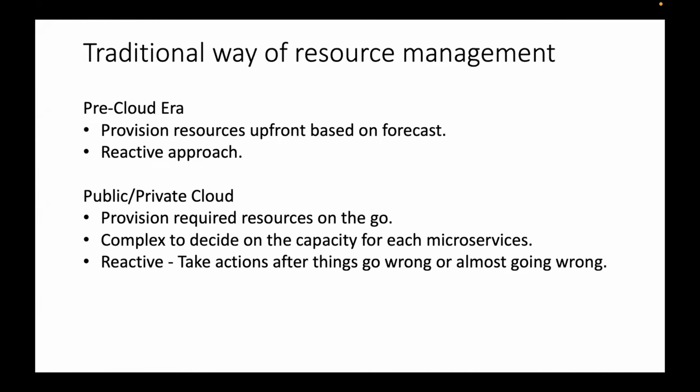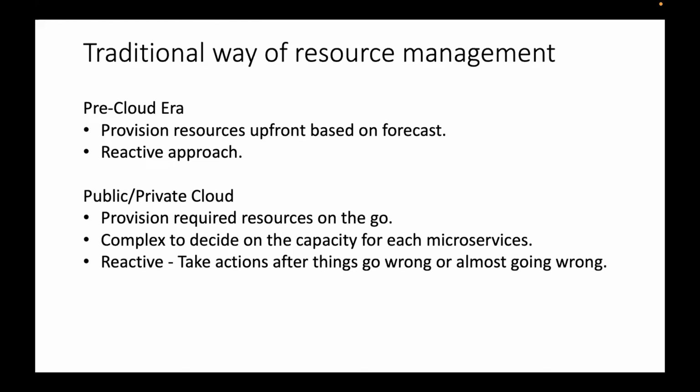But during the cloud era, we provision resources only when we actually need them. The concept of elasticity was brought in, but it leads to its own problems. When the applications and their architecture become complex, it becomes hard to decide which microservices need how much capacity during production, in real time.